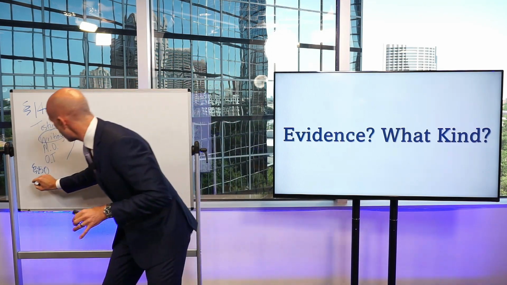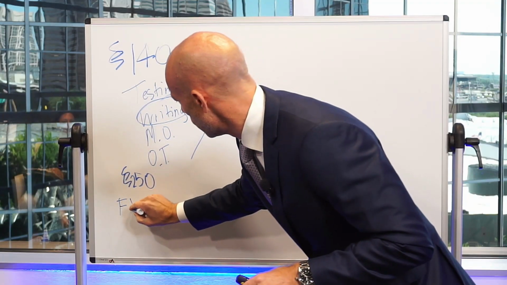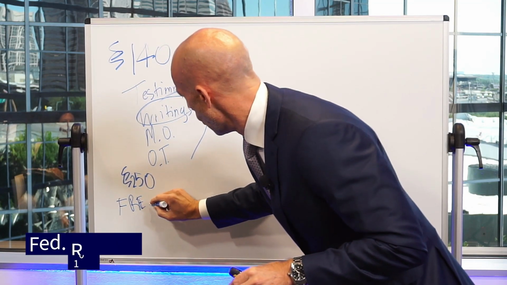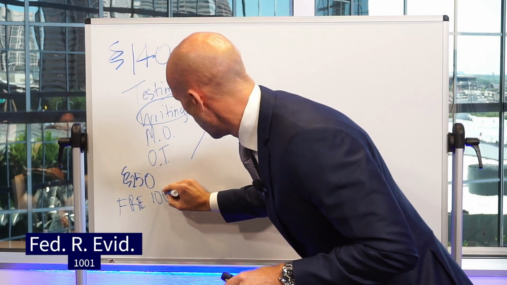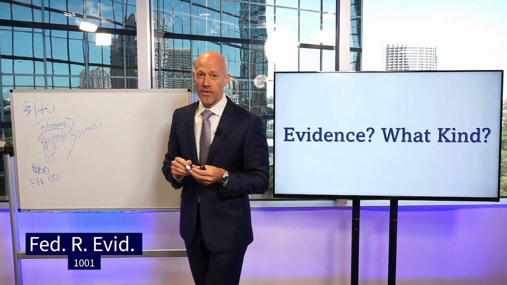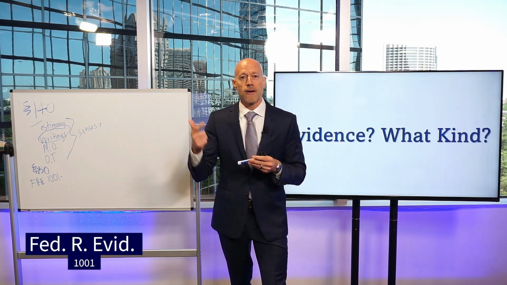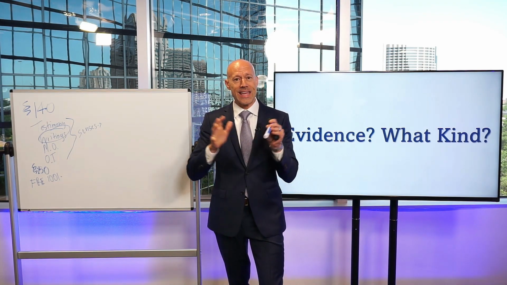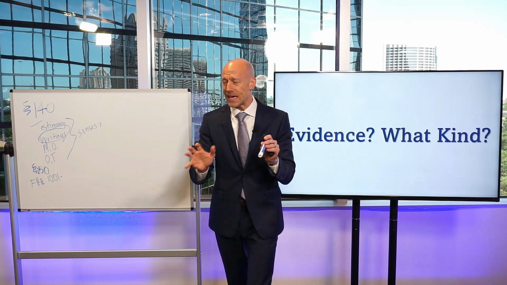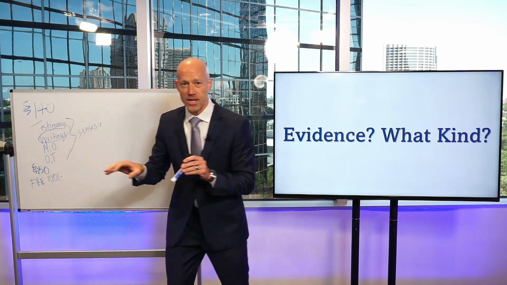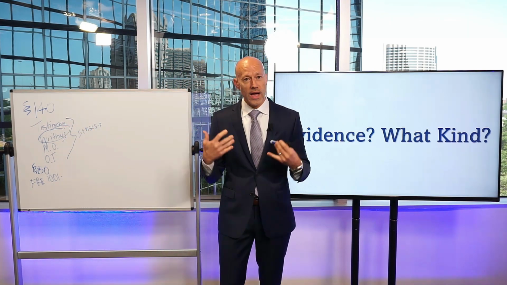Now, in the federal rules, we have Federal Rule of Evidence 1001. And that likewise provides very broad definitions for things like documents, photographs, recordings. And again, when we're talking about social media, this is the type of evidence that we're talking about. Why is that important?